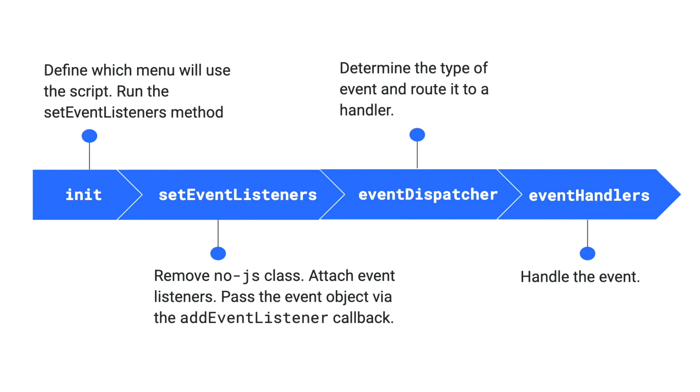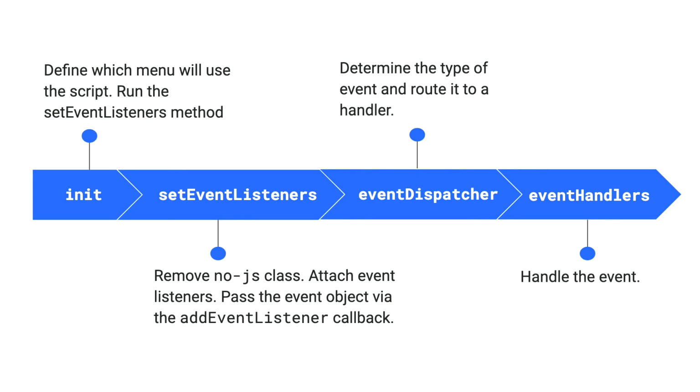First of all, it defines which menu we're going to use, like we said. Then we set some event listeners. Which events? Mouse over, mouse down, keyboard events, and so on. They get attached and then routed to a dispatcher. If I got a mouse over event, I know what to do with that, send it over there. I got a focus event, send it over there. I'm going to handle the events.